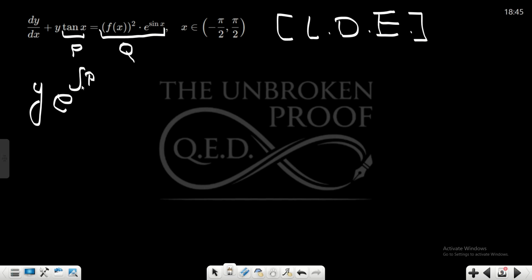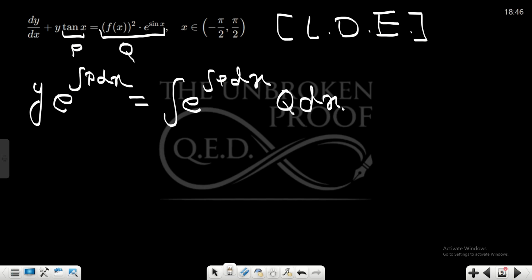So y e power integral p dx is equal to the integral of e power integral of p dx, multiplied by q dx, followed by an arbitrary constant c, and this e power integral p dx is actually your integrating factor. Okay, so if you know this, then we will apply it over here.